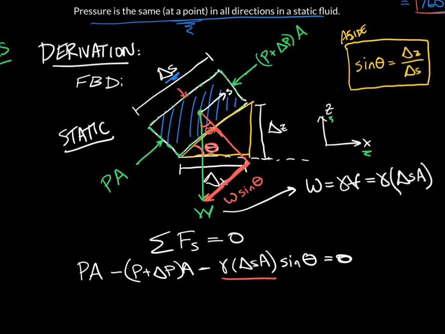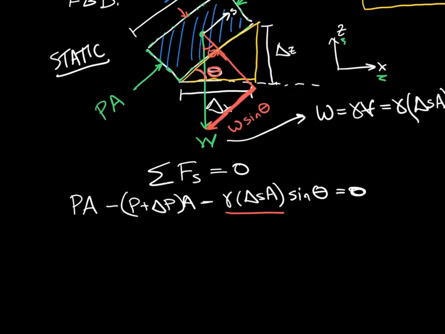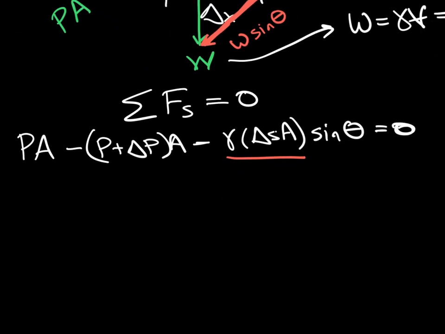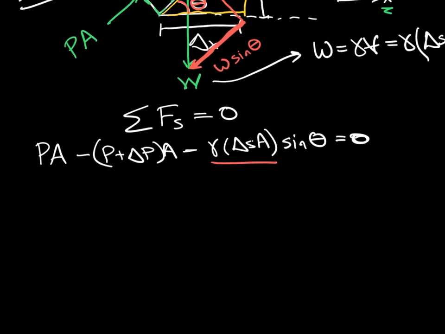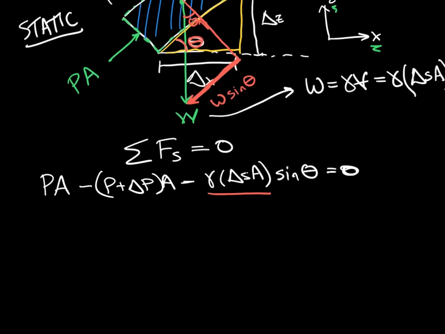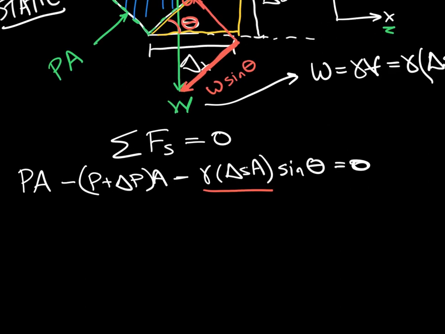At this point we're in an algebra situation. We can almost ignore the diagram for a brief moment, so let's zoom in on our math and see what we can do. I don't want to completely get rid of what that sine of theta equals, but you probably have it written down somewhere.